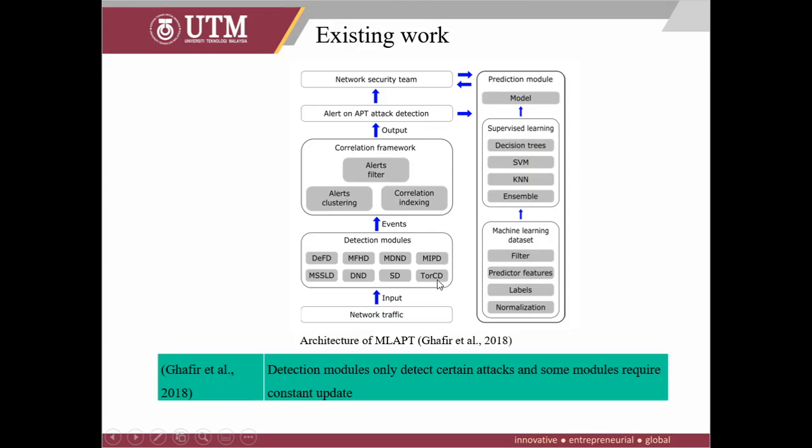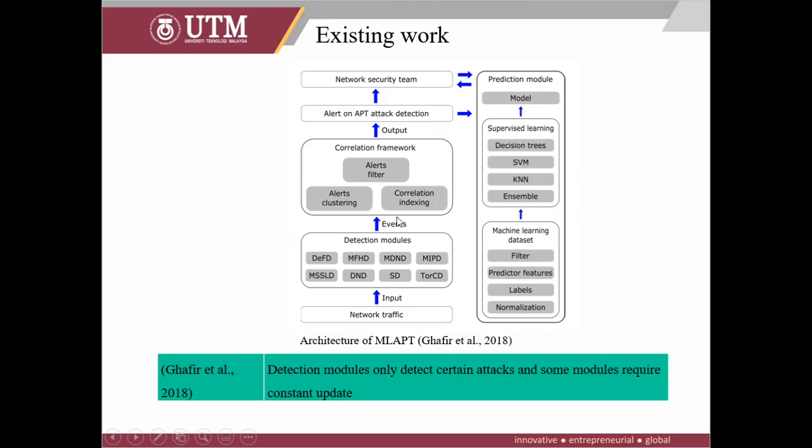For example, Tor CD detects the data exfiltration of APT, and others do as well. Once they detect the stages of APT or any attacks that APT stages use, they create an alert, and the alert goes to a correlation framework to correlate the alerts, as I mentioned earlier, across the multiple stages of APT.